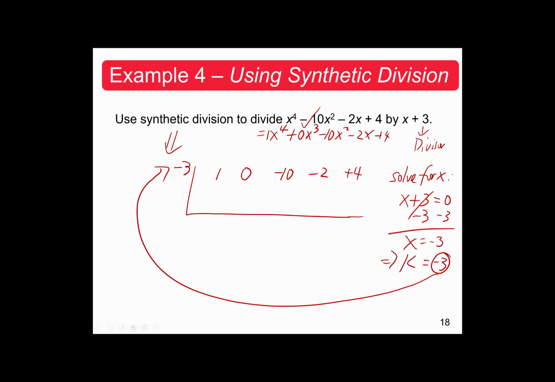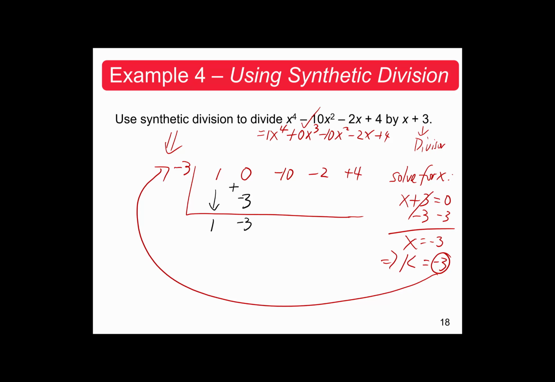Now once you get that, we can start the process. Step 1, you carry down the 1. Step 2, you multiply negative 3 by 1 and get negative 3 right here. Now you add those two numbers: 0 plus negative 3 gives us negative 3.